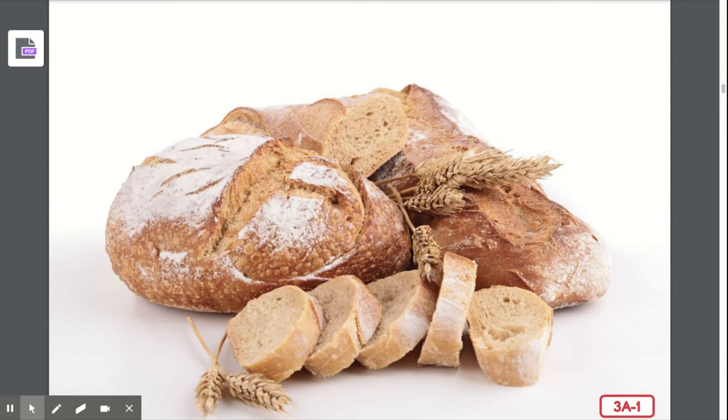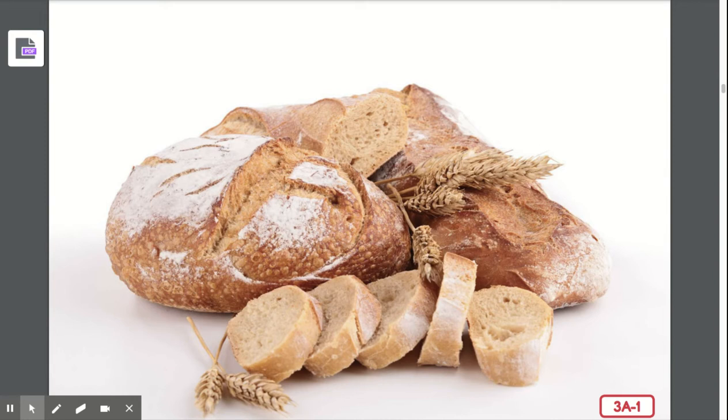Have you ever helped to make bread? Some of you said yes, but others said no. So this lesson, for those of you who said no, will tell you exactly how bread is made.